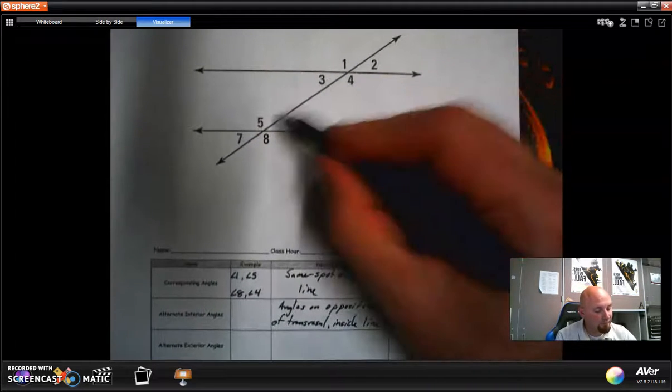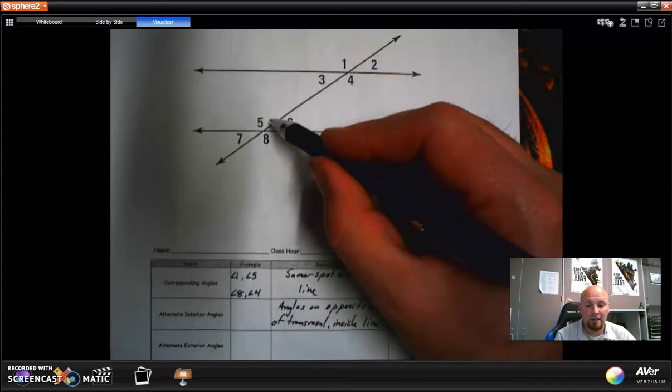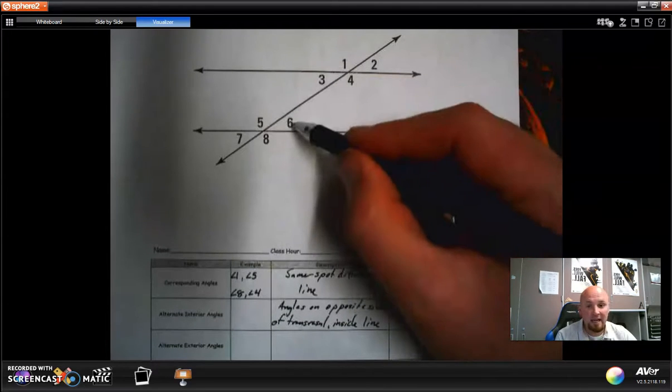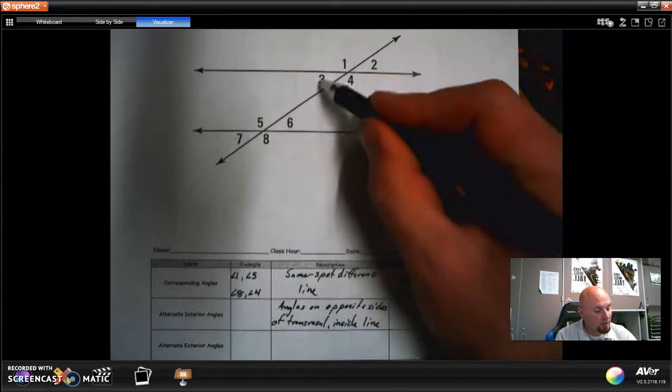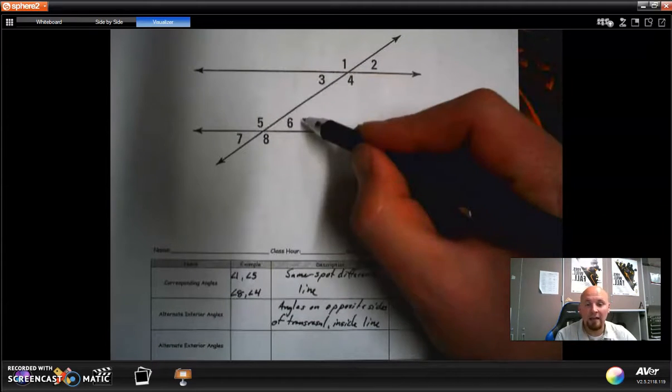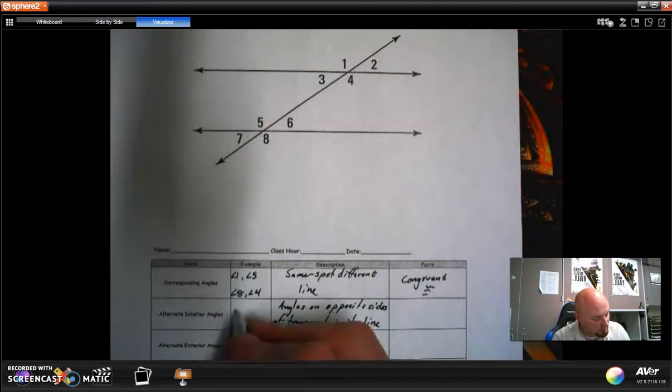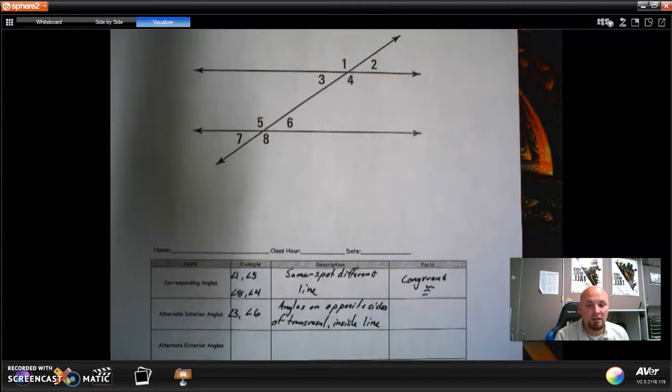So 3 and 5 are not alternate interior angles because they're on the same side. 3 and 6 are alternate interior angles. They're on alternate sides of the transversal, and they're inside the parallel lines. So angle 3 and angle 6 are alternate interior angles.